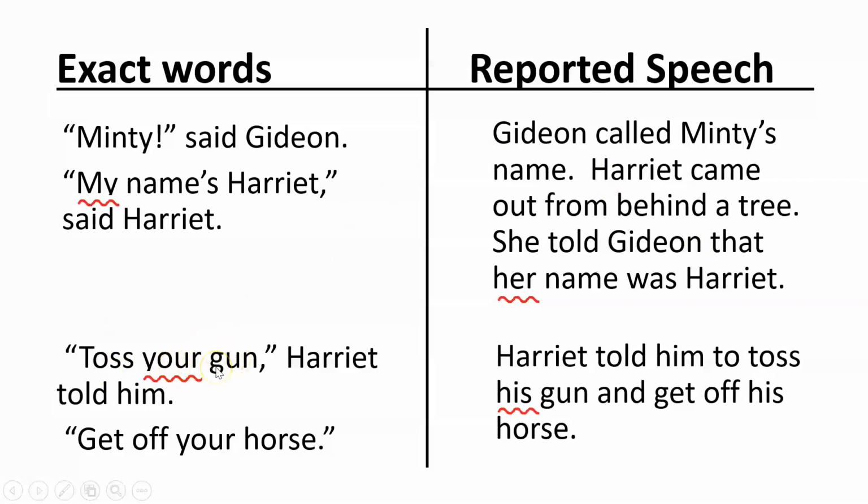That's the exact words. But when I write this, because I'm not Harriet and Gideon is not here, I'm not going to say your gun. I'm going to say his gun. And to get off, not your horse, but to get off his horse. So I'm changing the point of view here when I use the exact words and when I use reported speech. So changing the possessives there.